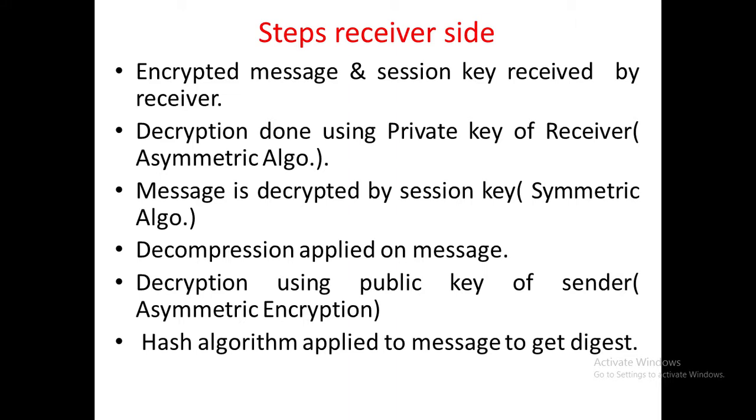Now once the receiver gets this encrypted message and session key, he will apply decryption using the private key of the receiver. We can see that in the diagram also.